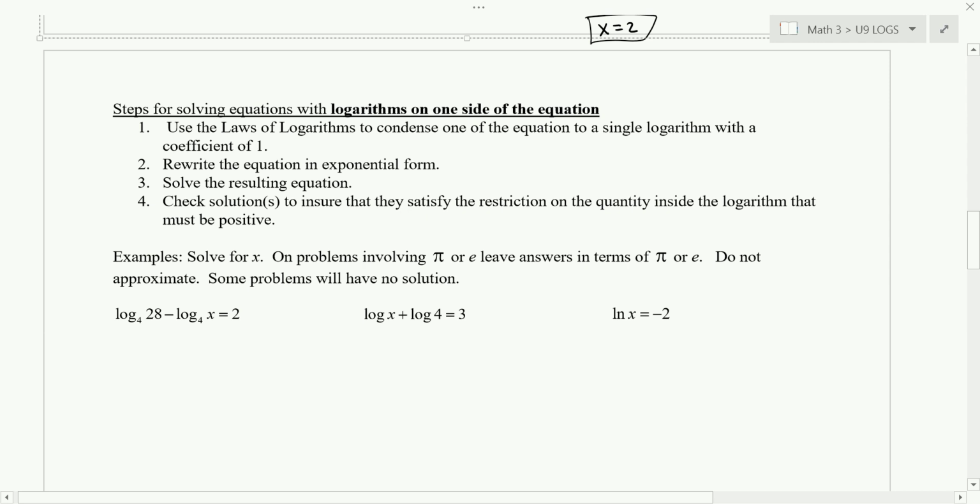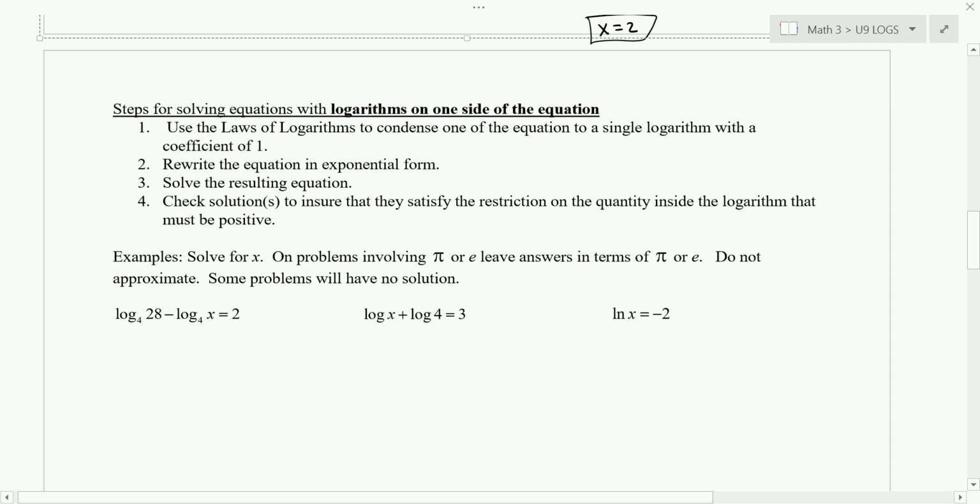Can you catch the difference? What step? Step 2. Step 2 here is to rewrite the equation in exponential form, where step 2 in the previous one was to get rid of the logs. And the difference, if you look at these problems here, is that one side doesn't have a log in it, the other side does. Okay, so that's why step 2 is looking a little different.